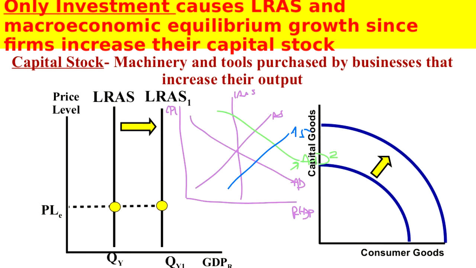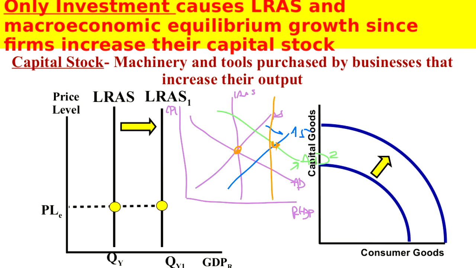So I'm going to see an increase in aggregate supply forever because I've enabled myself to make more stuff. Okay, so that is the one case where LRAS will shift. So now, because this is where I used to be, and through the course of setting up another production line in my facility, I now have come here. I'm here forever. I can forever make more cars.